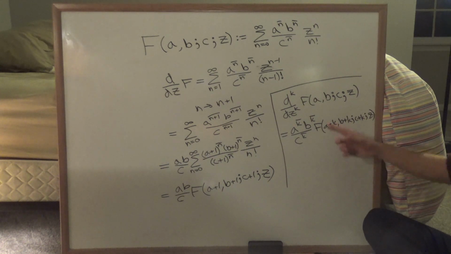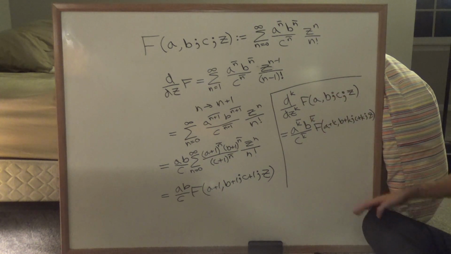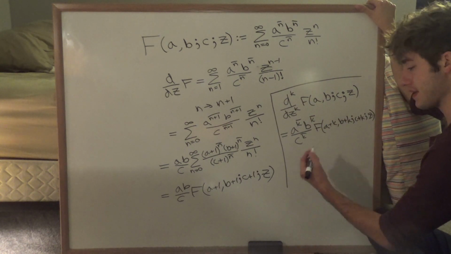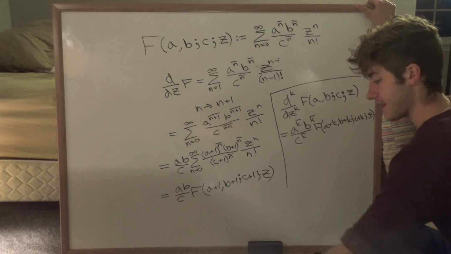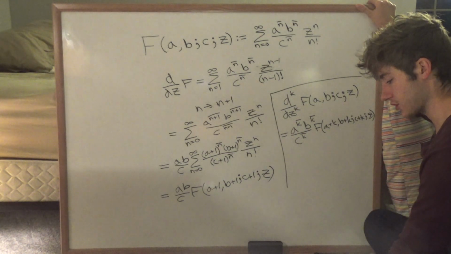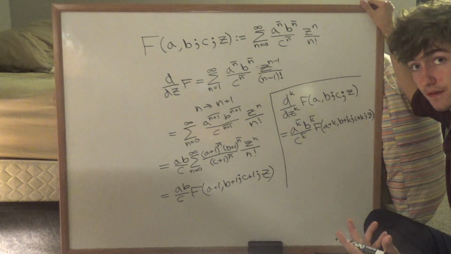And this actually allows you to define non-integer inputs of the derivative, right? Because all you have to do is think about what the definition of the rising factorial is in terms of the gamma function, because the gamma function is the analytic continuation of the factorial function.